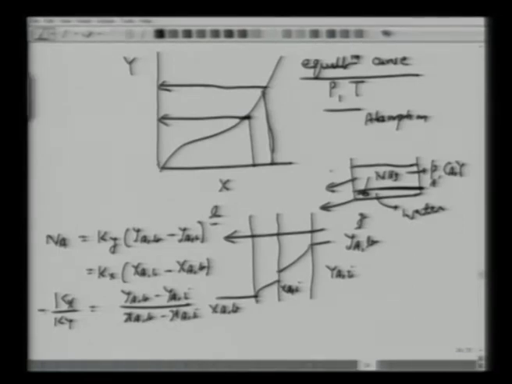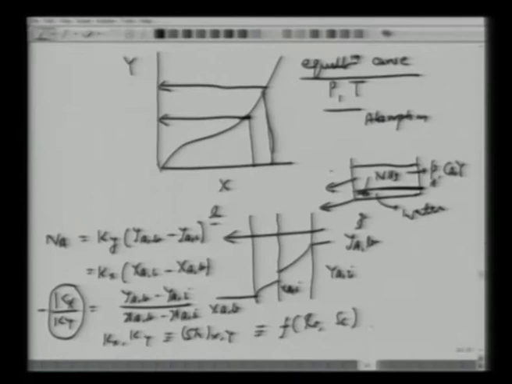So all we know are the ratios of the mass transfer coefficient in one phase to another phase, Kx and Ky, which are obtained from the Sherwood number in the gas phase or the liquid phase. This has been shown to be a function of Reynolds number and maybe the Schmidt number for the gas phase and the water phase.